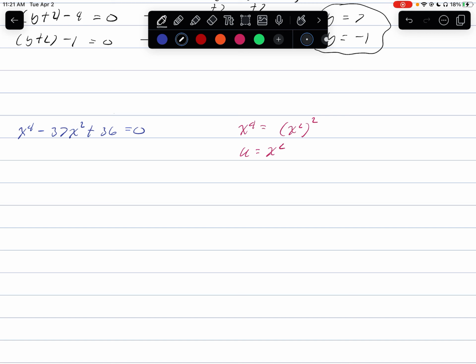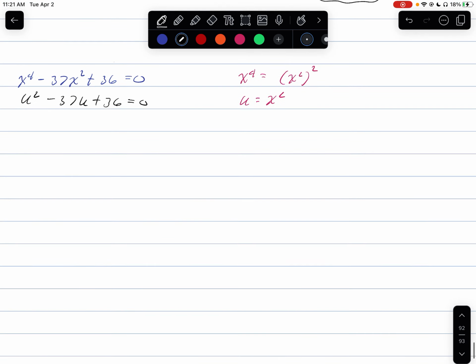So if we let u equal x squared, this will become u squared minus 37u plus 36 is equal to 0. And now this looks a lot better, right? So here we have u squared minus 37u plus 36 is equal to 0. We're going to find two numbers that multiply together to give us 36 and add together to give us negative 37. So I'm thinking we can do negative 36 and negative 1.